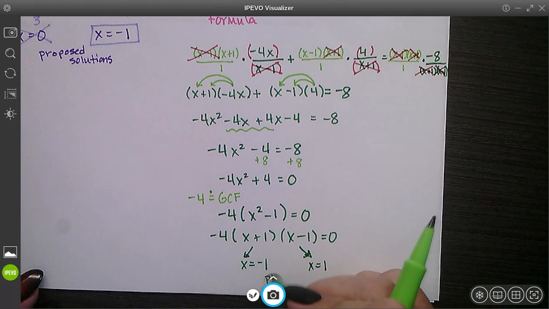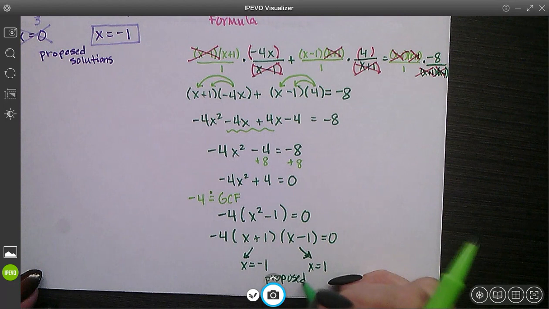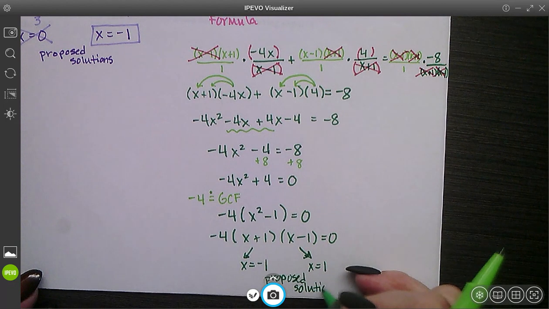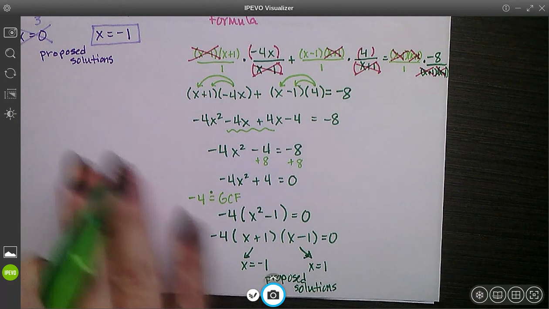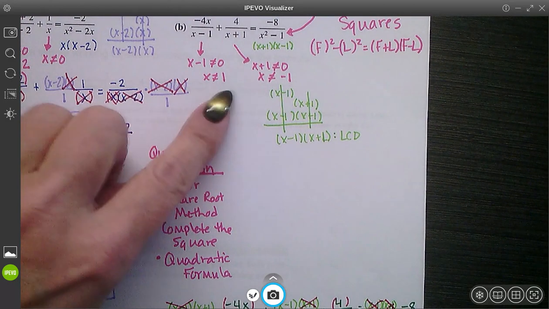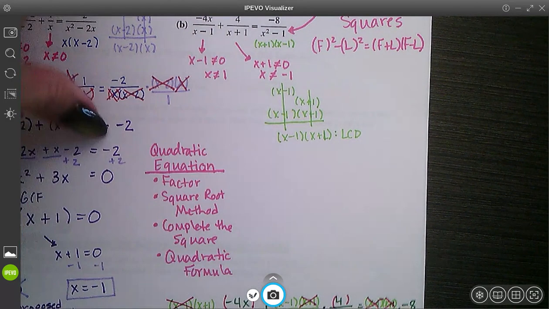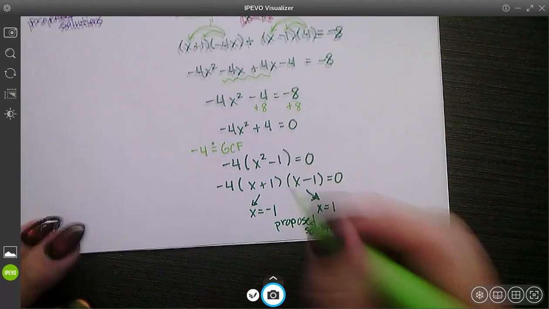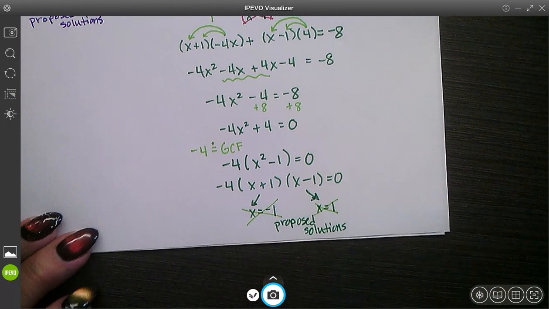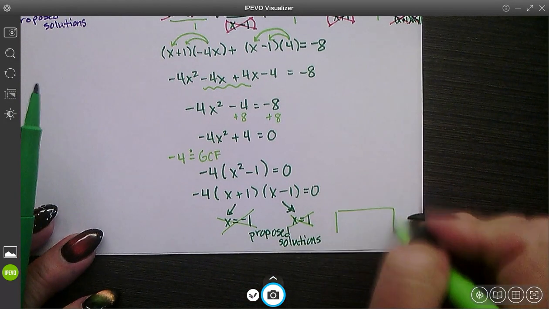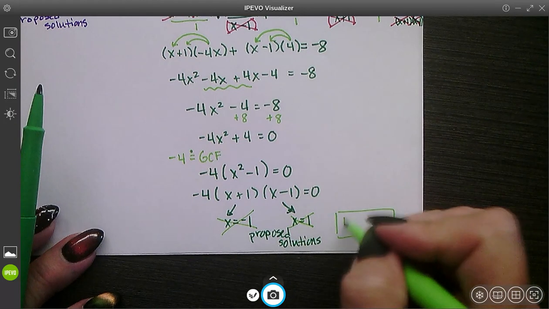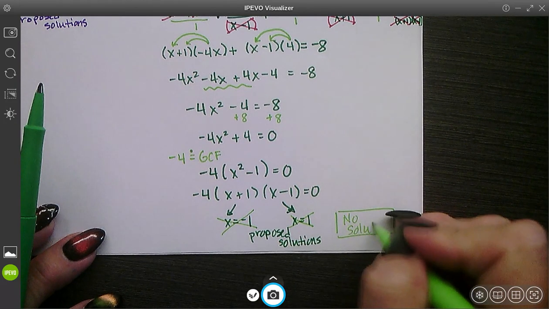So here are my proposed solutions, which if I check against my restrictions, I see both of those are not okay. x can't equal 1, x can't equal negative 1. So both of those are excluded values, which means, remember, we have no solution.